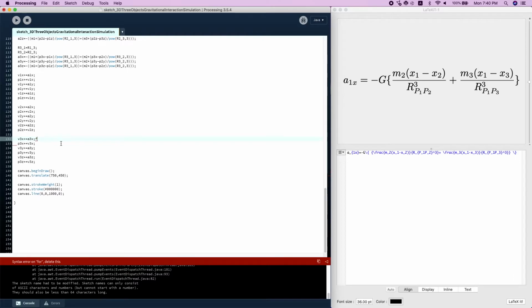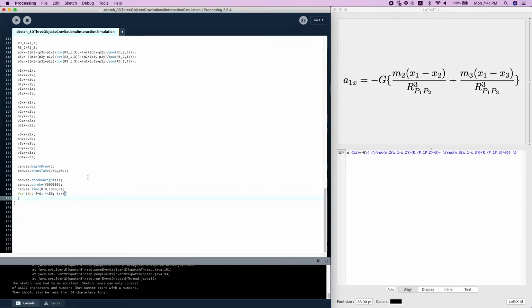For that, I'm going to need a for loop that draws the dash lines. I'm going to need about 50 iterations, and we need a blank space and a drawn phase.